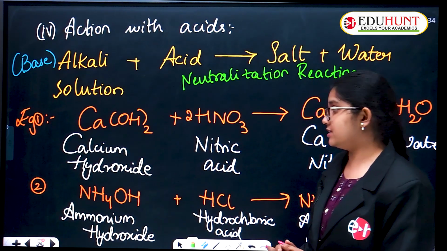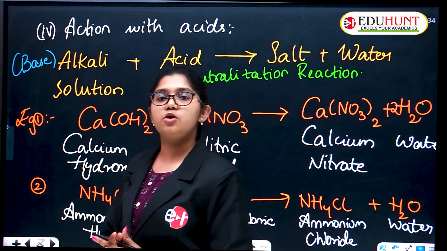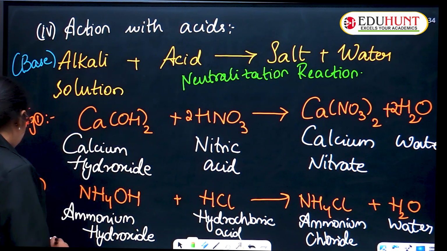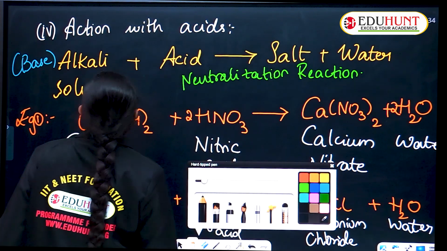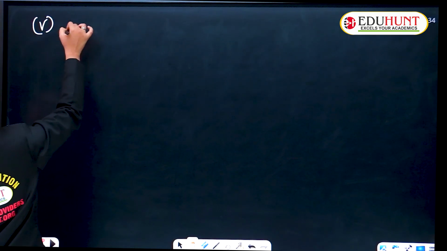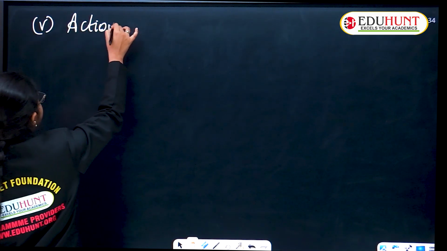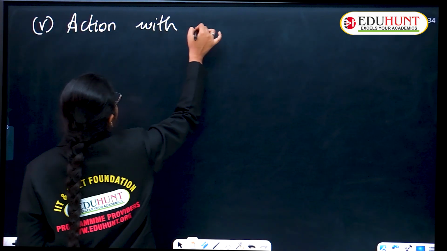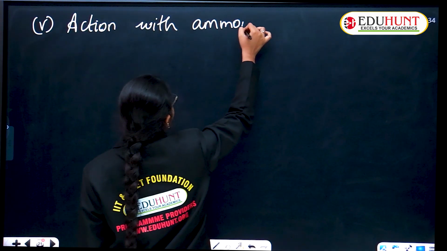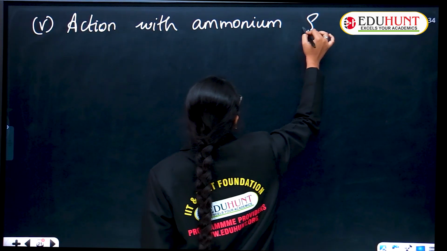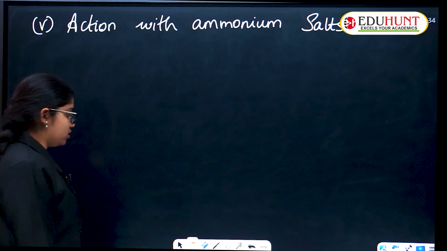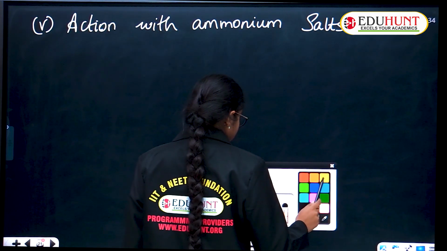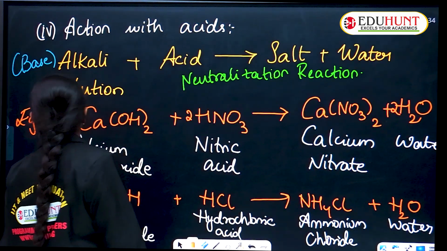Okay. Now let's see the fifth general property of soluble bases or alkalis. Okay, children. Here we go with the fifth property, that is action with what, children? Action with, very good, ammonium salts. Yes. Okay. So in this we also have a reaction, that is what we wrote here with yellow.